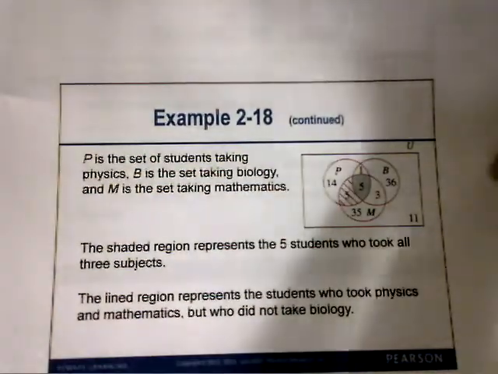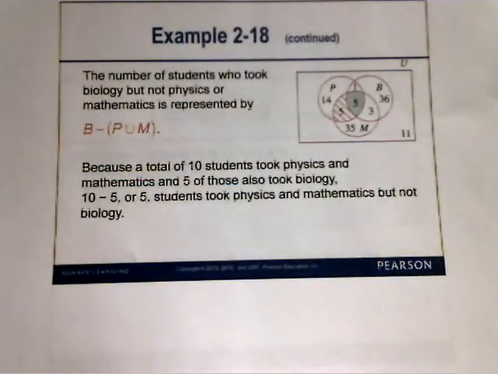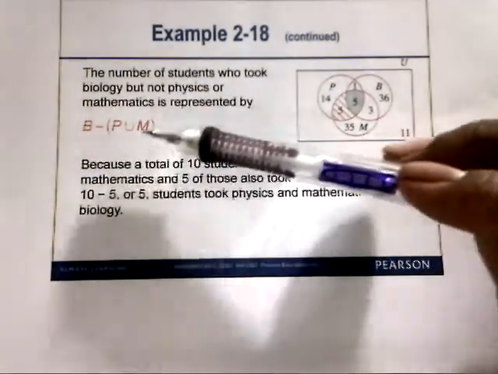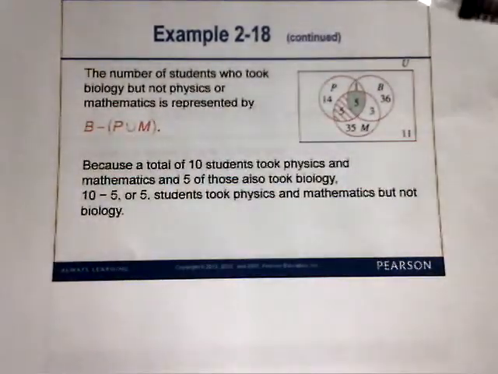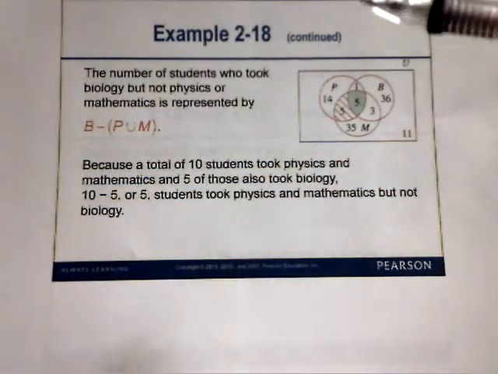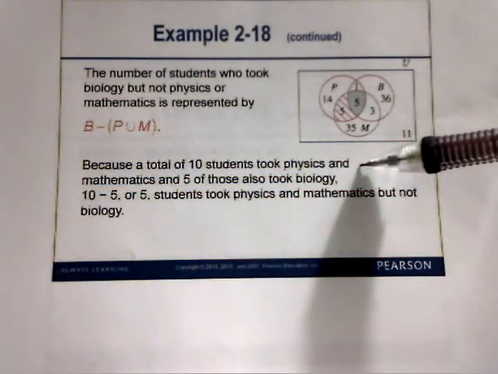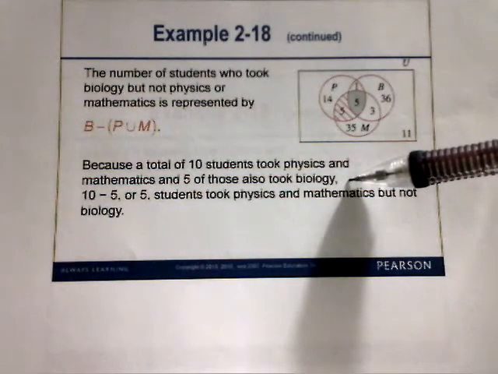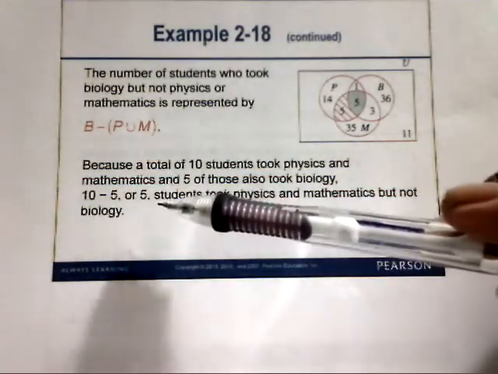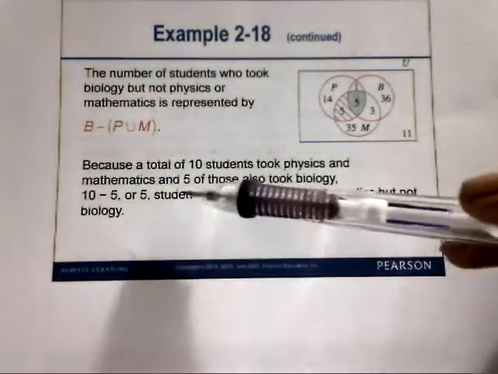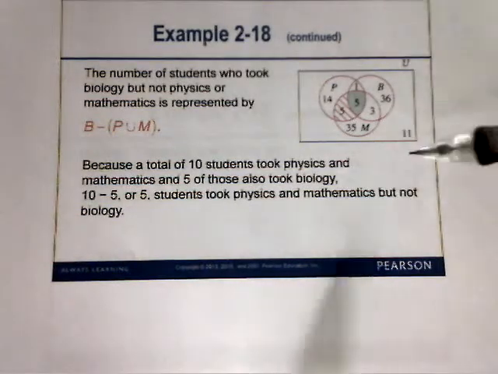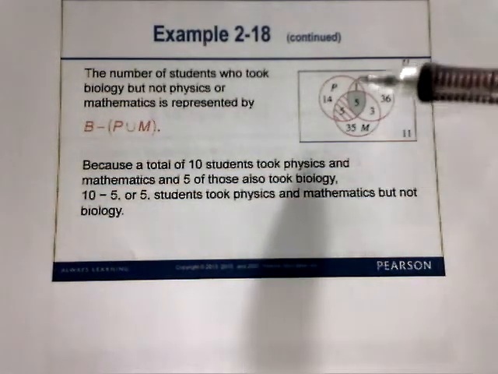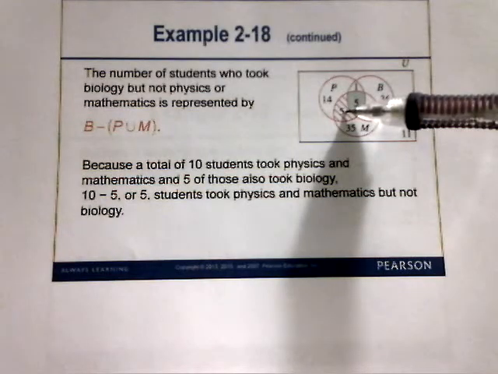Now, here the number of students who took biology but not physics or mathematics is going to be represented by B minus the union of P and M. Okay, so in this case here, 10 students took physics and mathematics, and 5 also took biology. That means that 10 minus 5 will be equal to 5. That means that 5 students took physics and mathematics, but not biology. So that's where this 5 comes from.